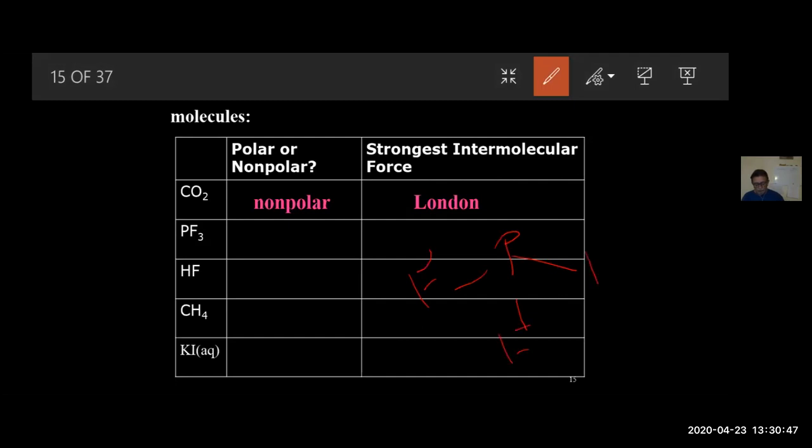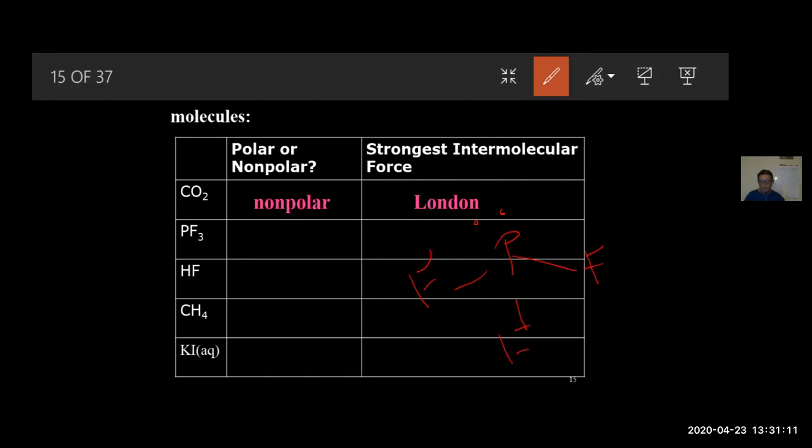But furthermore, you will find one lone pair of electrons on the phosphorus. And recall what I said about lone pairs on the central atom. The moment you get that, automatically it's a polar molecule, whether it's one lone pair or two lone pairs, like water has two lone pairs.